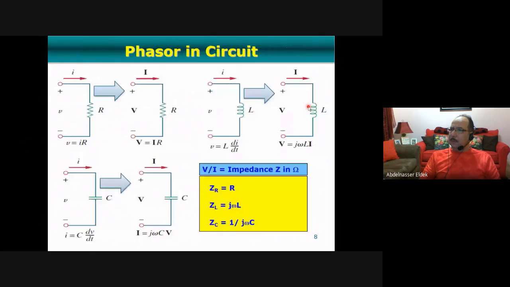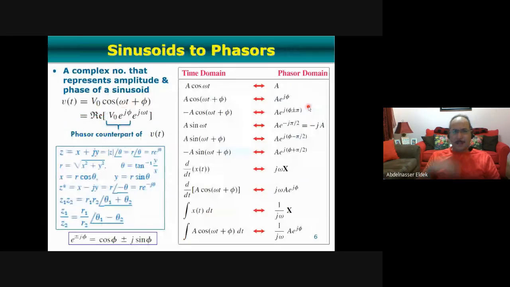So how do you do that? The method is very easy. If you have a V of t, for example, like this, V equal to V0, this amplitude, times cosine of omega t plus phi, then you just need to convert this to this form here, amplitude and phase. So it will be V0 and angle phi. That's it.